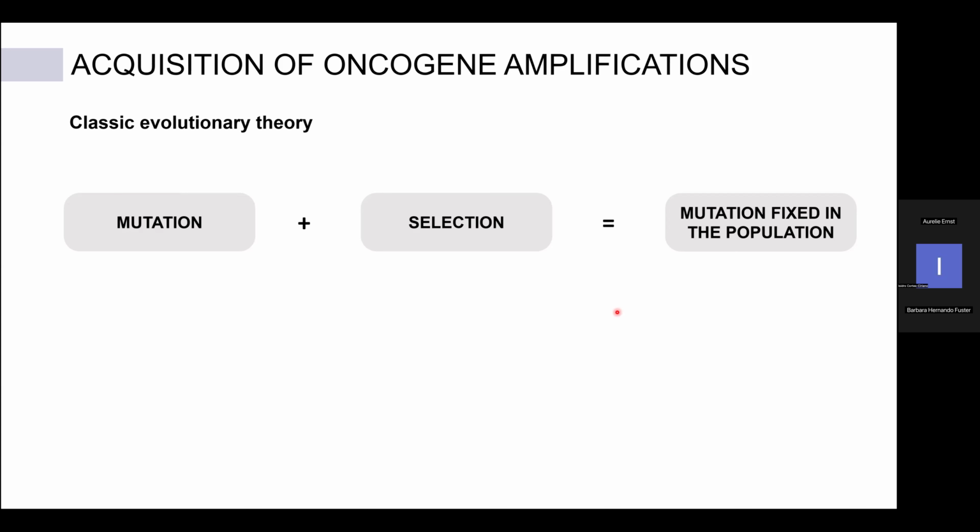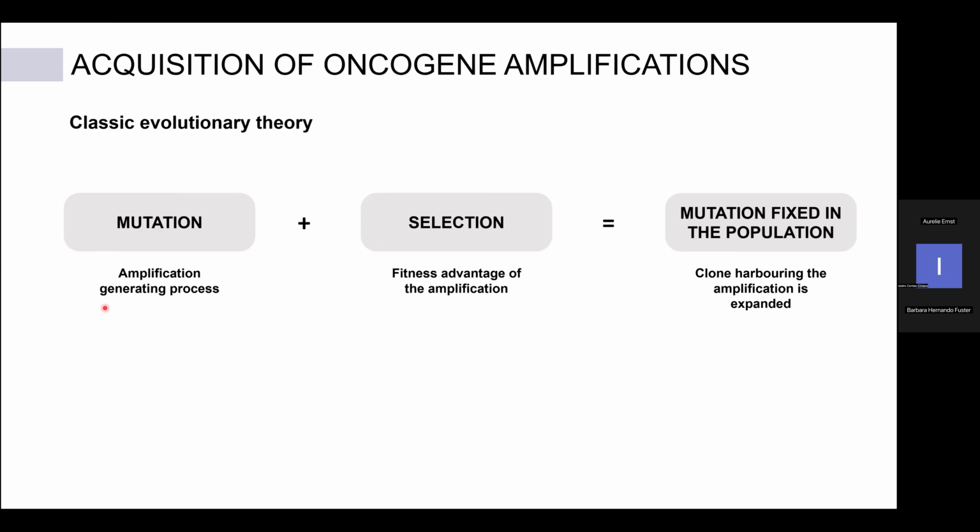If we move that to the oncogene amplification field, we need an amplification generating process to be active in a sample, that this process causes an amplification that confers a fitness advantage to the cell, and then this clone harboring the amplification is expanded in the population.